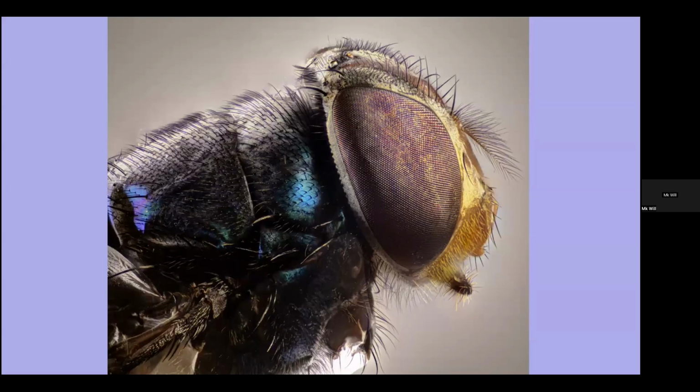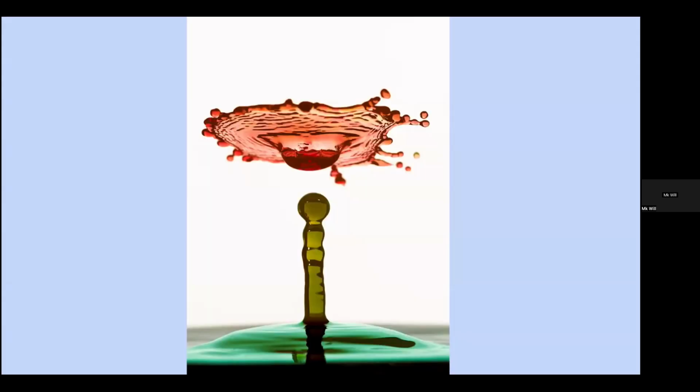This one is at 5 times magnification, and it's about 100 pictures put together to create this one. So that's my bugs, and there's lots more bugs.